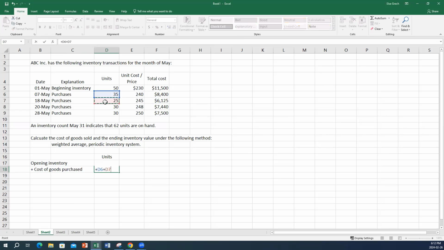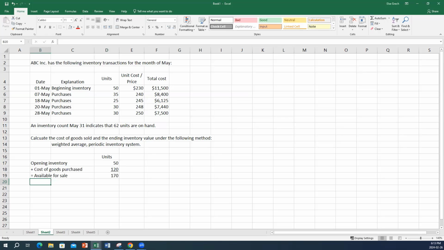So the 35 plus the 25, 30, and 30, all those 4 purchases we did during the period. If I add these 2 amounts together, they're going to be equal to the available for sale. Remember, the available for sale is the opening inventory plus all of the goods purchased throughout the period, 170 units.